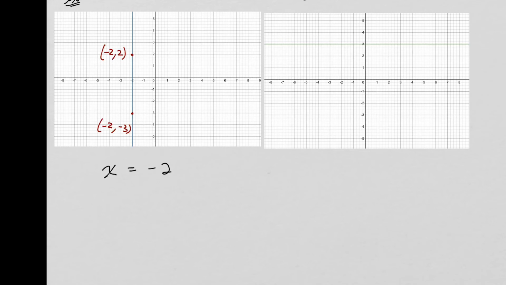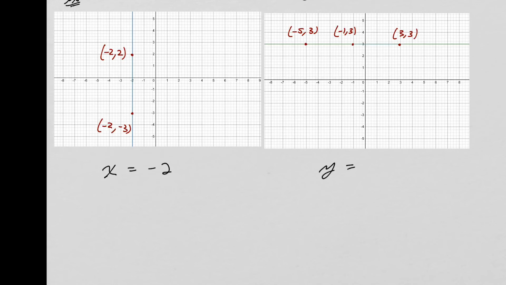Okay, and then over here, if you look at all these points, I'll randomly pick a few. This is negative 5, comma 3, and then negative 1, comma 3, and then 3, comma 3. So the y value is always 3, and we know for a horizontal line the equation is y equals a constant.